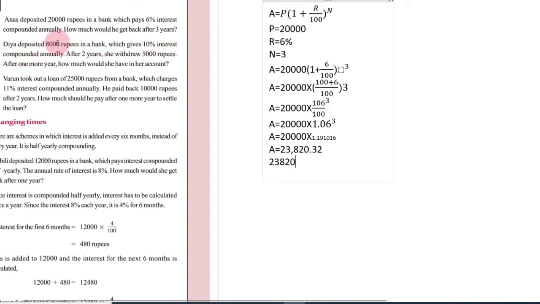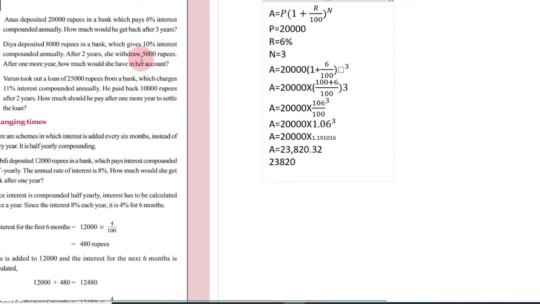So here P is equal to 8,000 rupees and R is equal to 10%. And here we have a confusion, that is after 2 years. For 2 years the bank gave compound interest on the amount 8,000 rupees at a rate of 10%. After 2 years she withdrew 5,000 rupees from her account.